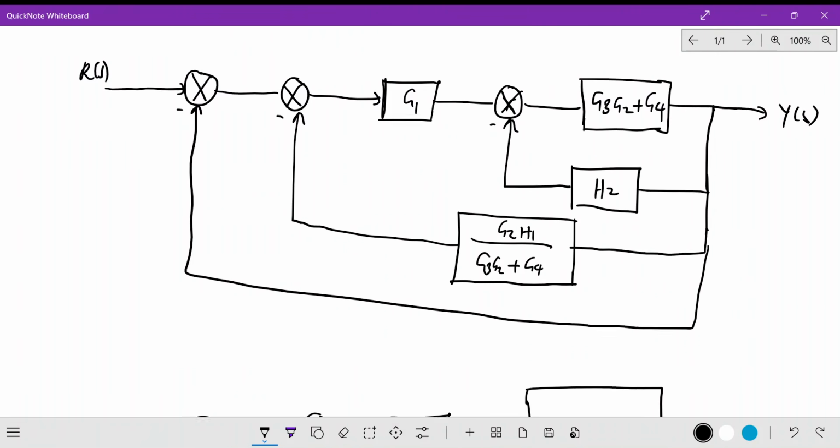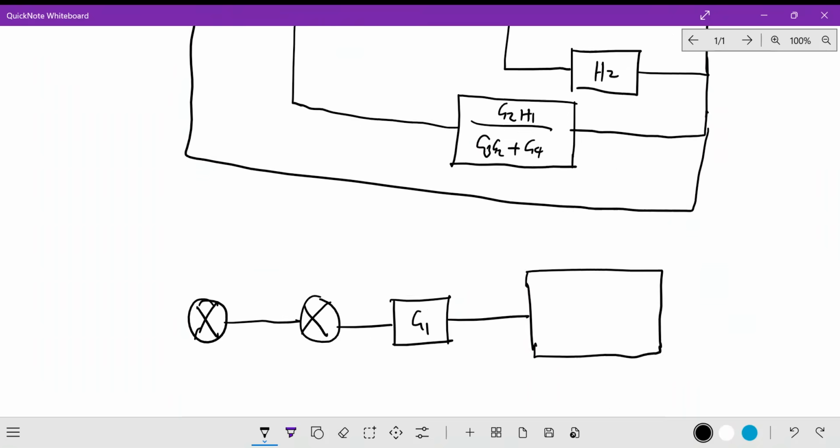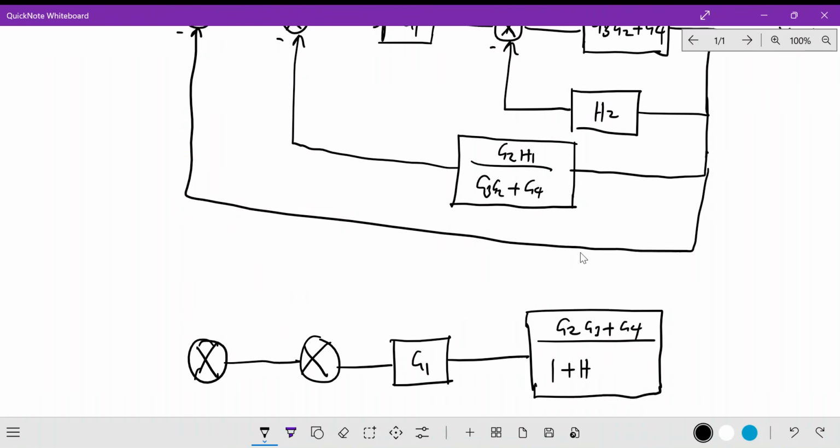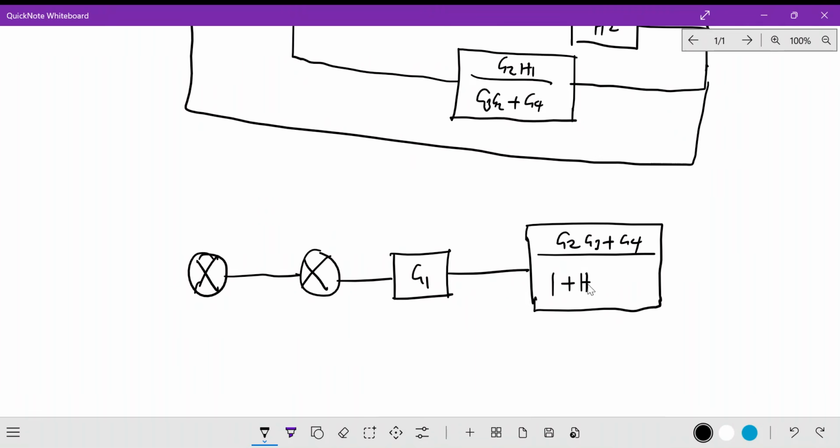So here, the combination of that negative feedback, you have what? G3 G2 plus G4 divided by 1 plus H2 times G2, G3 plus G4. Okay, like that. Okay, so that may not be visible enough, but yeah.